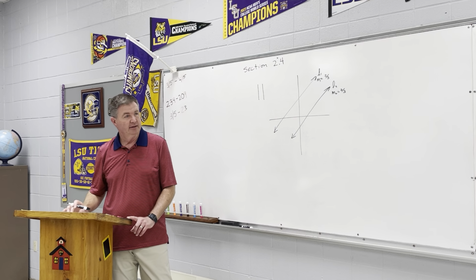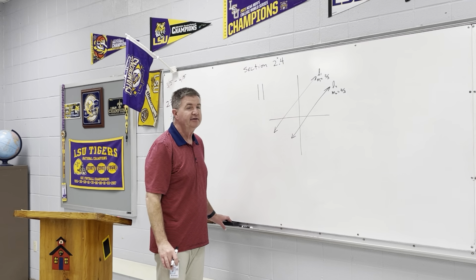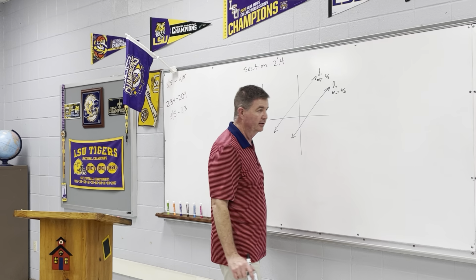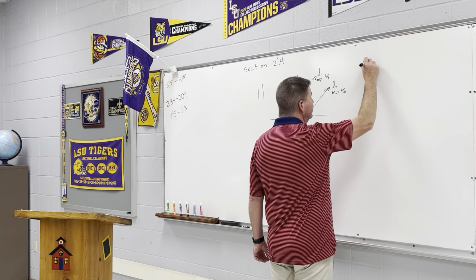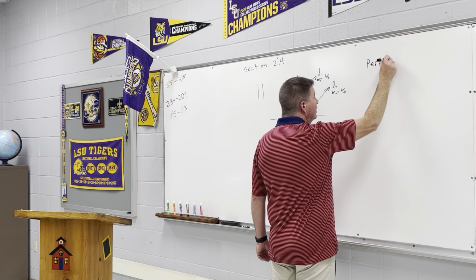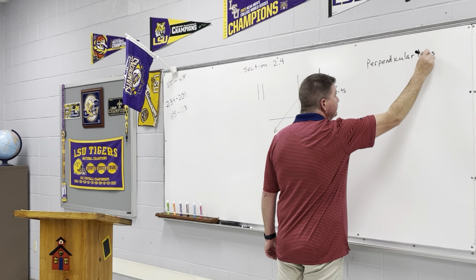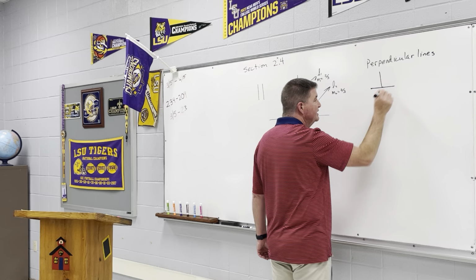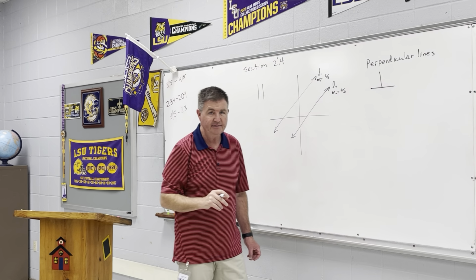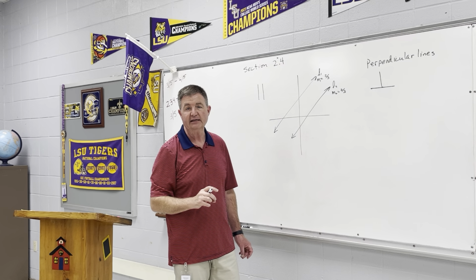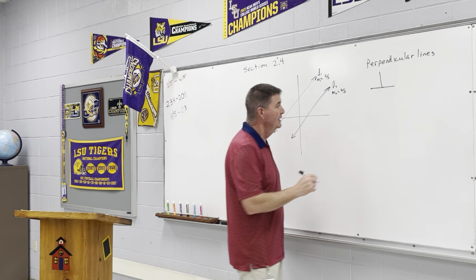Lines that are not parallel intersect, but if they intersect in a particular way, they could be called perpendicular lines. We said an upside down T is used for perpendicular. There are two lines that intersect at 90-degree angles.